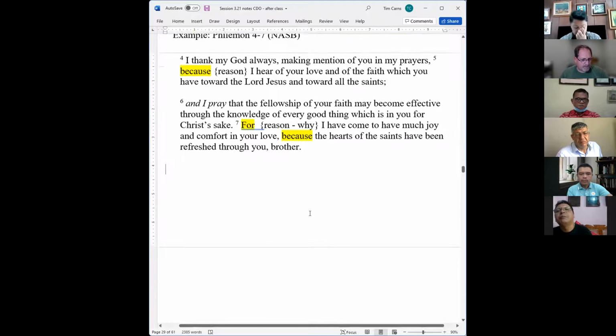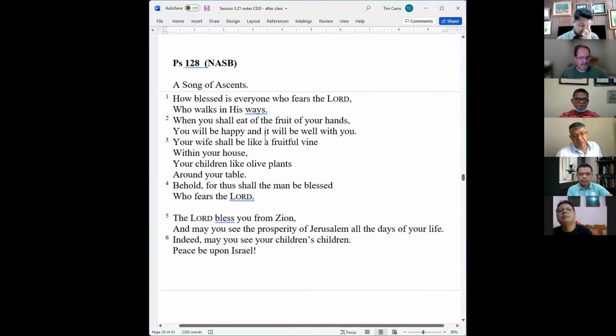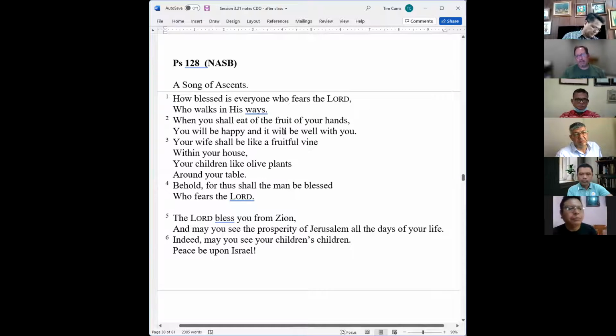Okay. Well, I wanted to go through this example with you from Psalm 128. Now, in the textual observation step when we do epistles, there are 10 or 11 things that you look for.